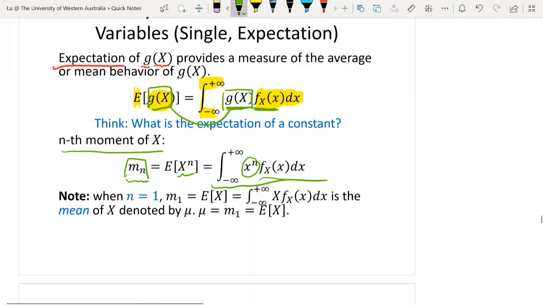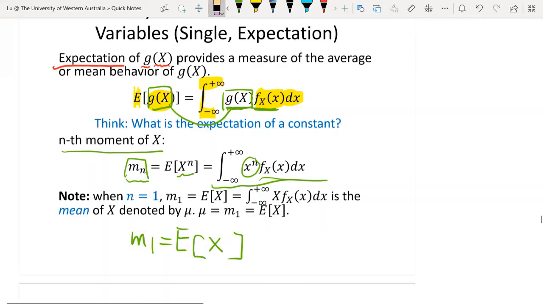In our unit, typically we focus on a special case where n is equal to 1. When n equals 1, this m_1 is equal to the expectation of x to the power of 1 only. X to the power of 1 is just x itself.